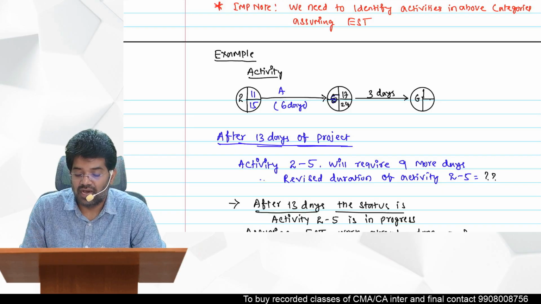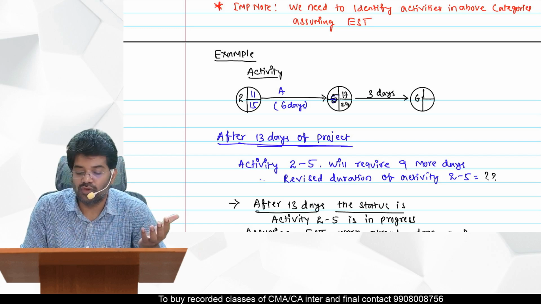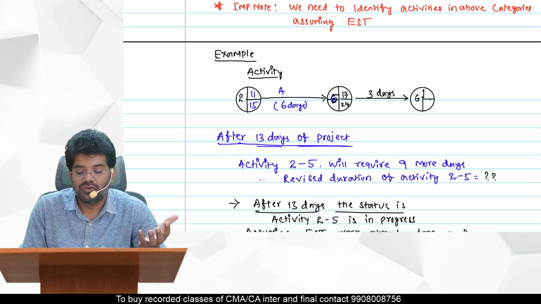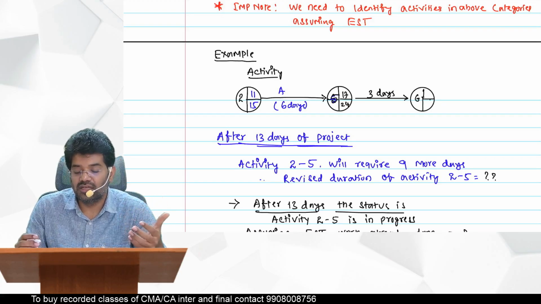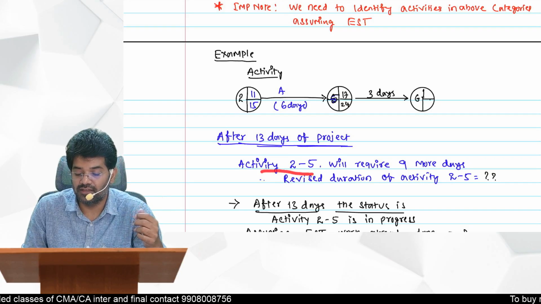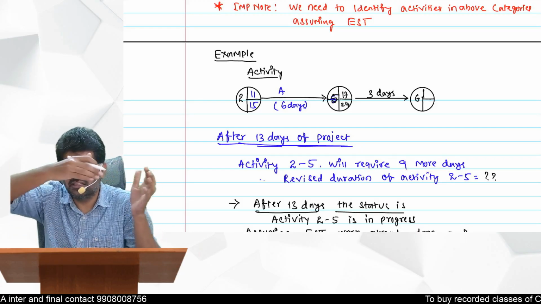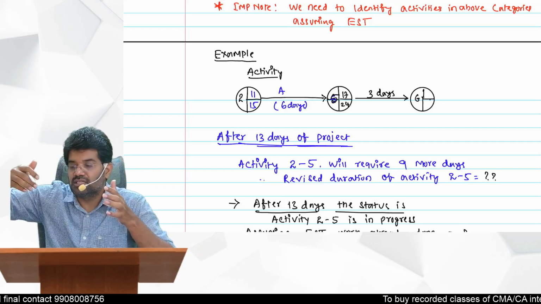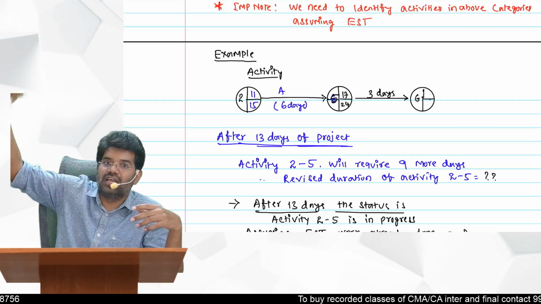So after 13 days, 13 days are over, which means 2 to 5 is already started, and already 2 days are also over. After that, there is a revision: activity 2 to 5 will require 9 more days, after starting and after completing the activity by 2 days.